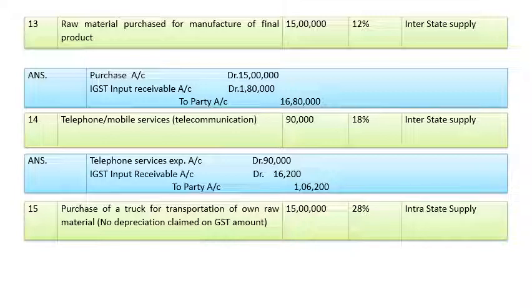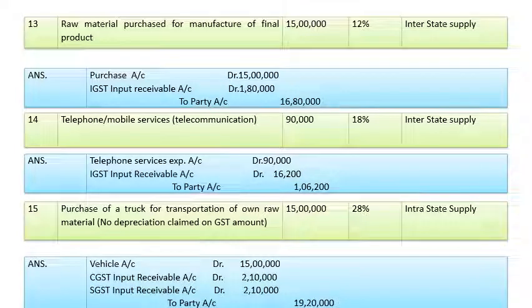So in this situation, entry is: vehicle account debit 15 lakh, CGST input receivable account debit 2 lakh 10,000, SGST input receivable account debit 2 lakh 10,000, to party account 19 lakh 20,000. So what has the company done? Company has recorded CGST and SGST separately, and credit of this CGST and SGST is available. Why CGST and SGST? As it is an intrastate supply.